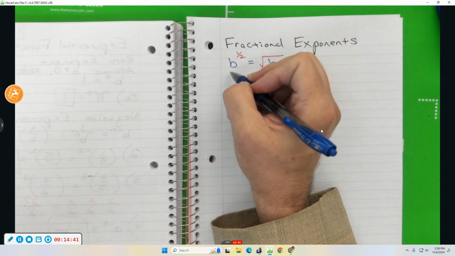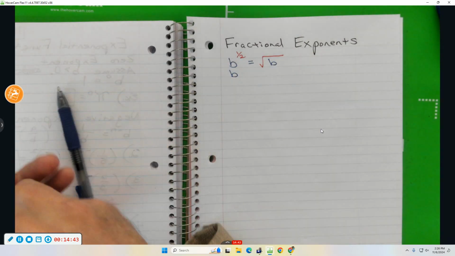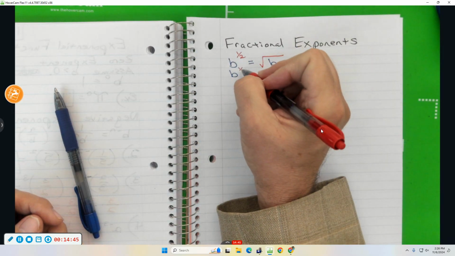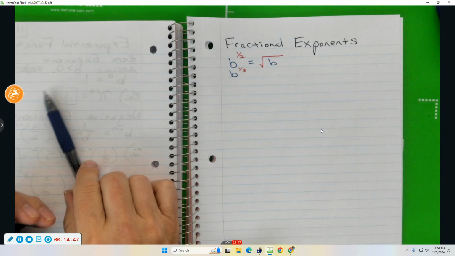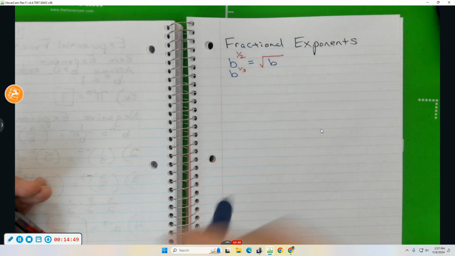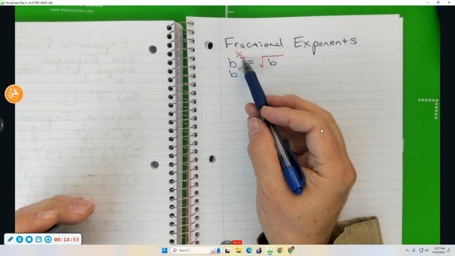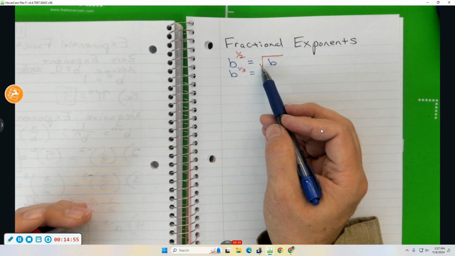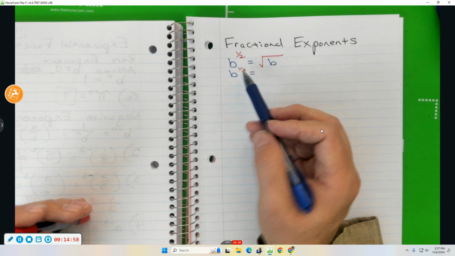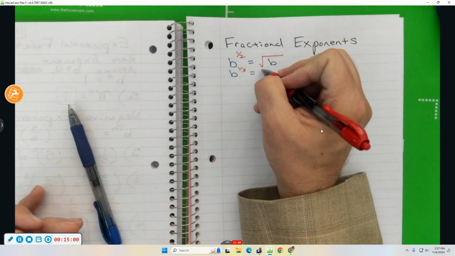I remember 1/3 exponents popping up with those radical equations. b to the 1/3 is another way of expressing a radical. If the denominator is a 2, you're looking at a square root. If the denominator is a 3, you're looking at a cube root.